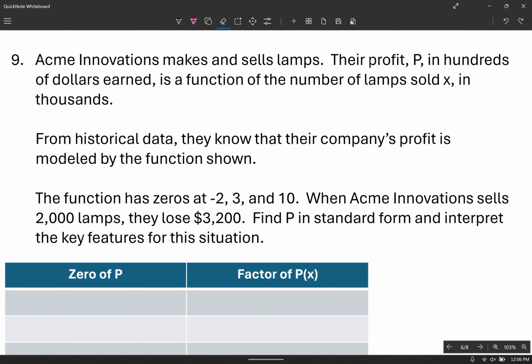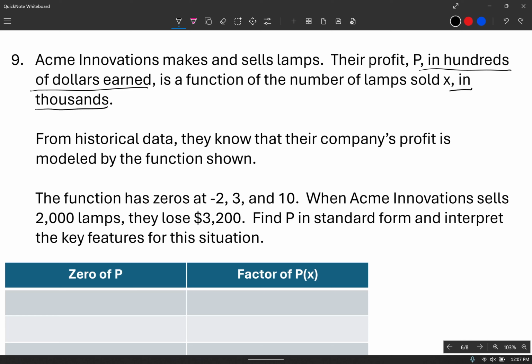Number 9. Acme Innovation makes and sells lamps. Their profit P in hundreds of dollars earned, so this is going to be in hundreds of dollars, that's important, is a function of the number of lamps sold x in thousands. So we know that the profit is in hundreds and the lamps, which is the x, is in thousands.